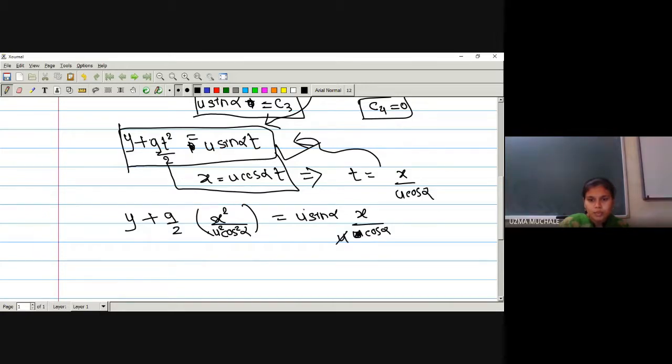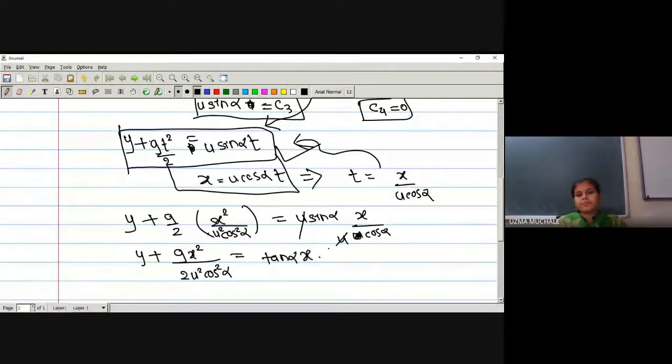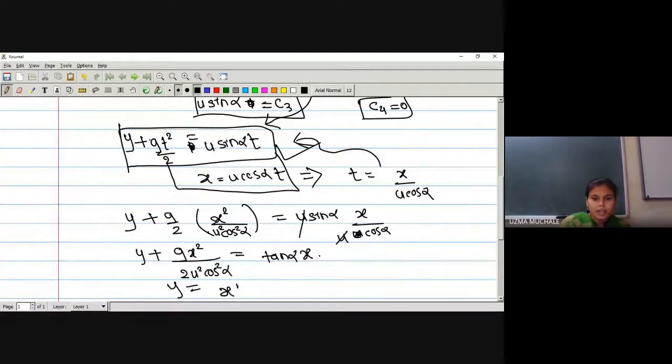This u gets cancelled. I can write this as y plus g x square divided by 2 u square cos square alpha is equal to sin alpha divided by cos alpha, which is tan alpha, into x. Or again you can simplify, or keep it as it is, or write it as y is equal to x tan alpha minus g x square divided by 2 u square cos square alpha. So in this way you have to solve.